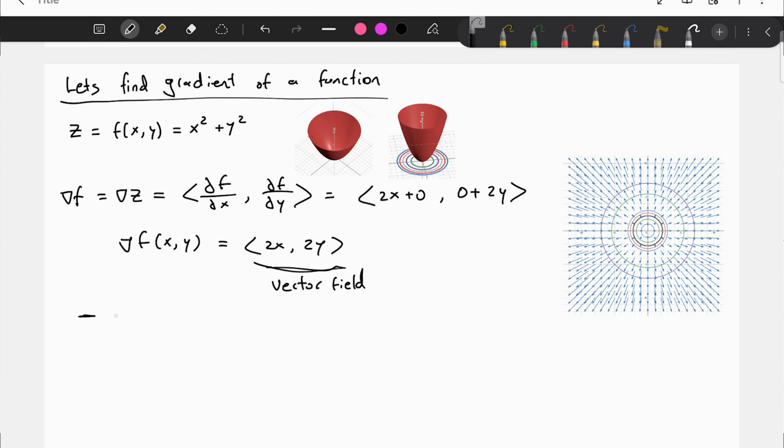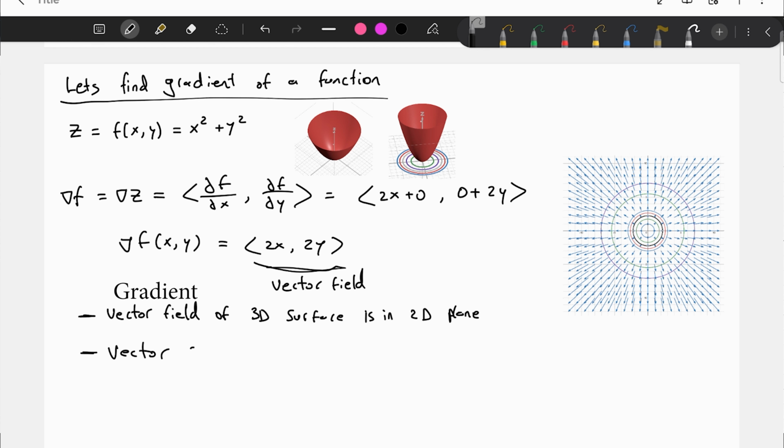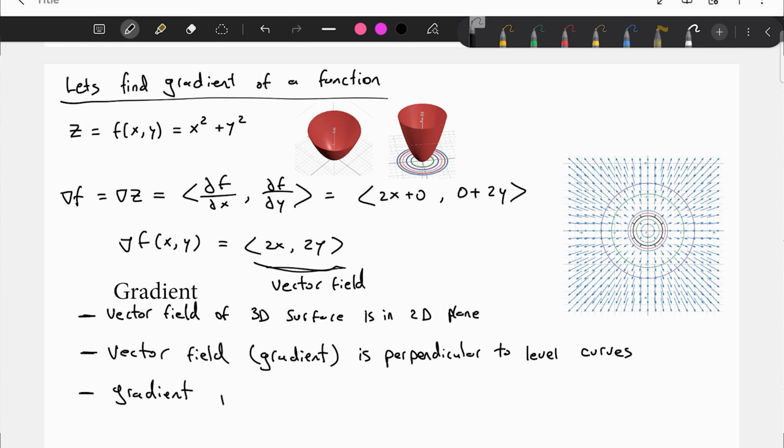So I just want to write down two important things. Vector field of a 3D surface is in a 2D plane.